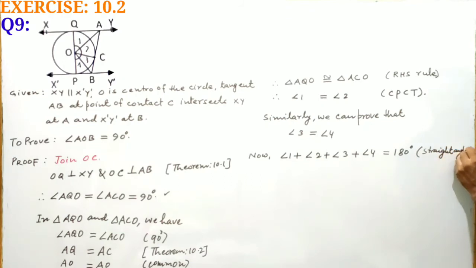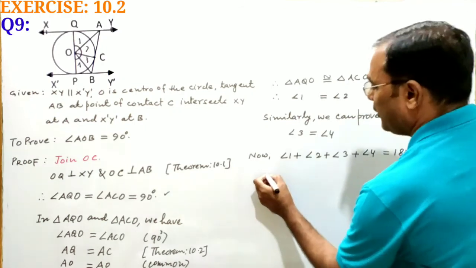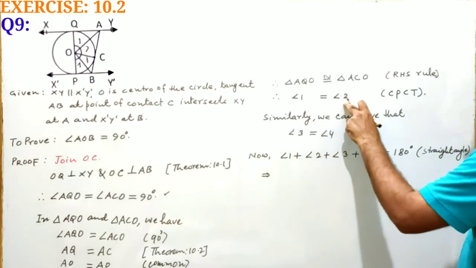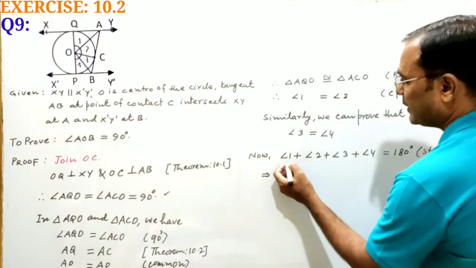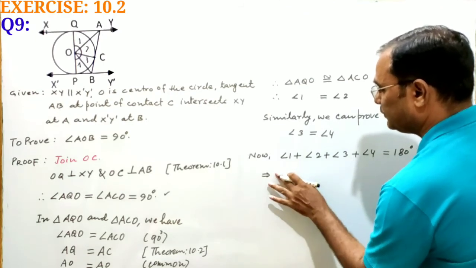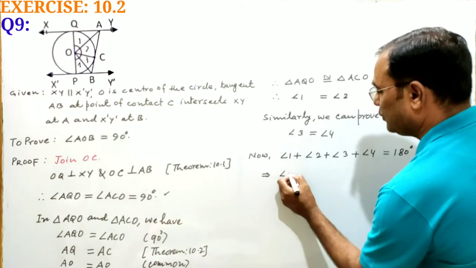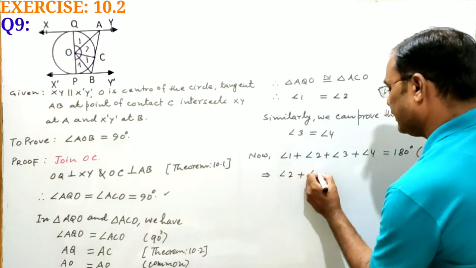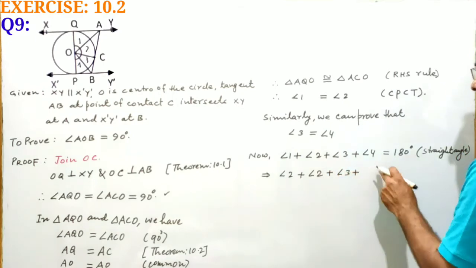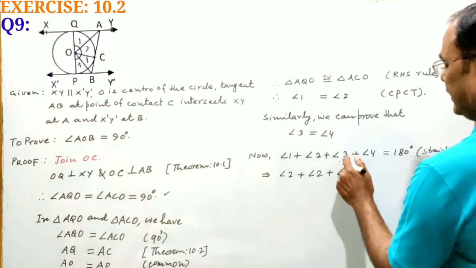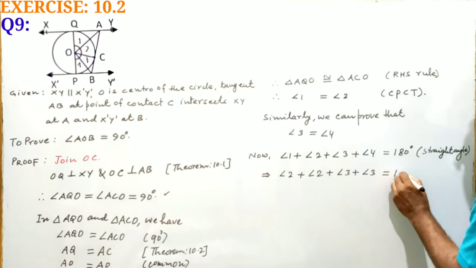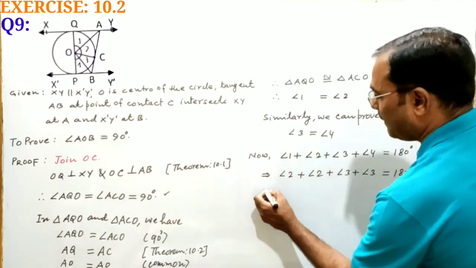So reason we are writing straight angle. This implies, from here you can see angle 1 equal to angle 2 we have already proved. So in place of angle 1, let us write angle 2. So angle 2 plus angle 2 plus angle 3 plus, in place of angle 4 let us write angle 3, so angle 3 is equal to 180 degrees.